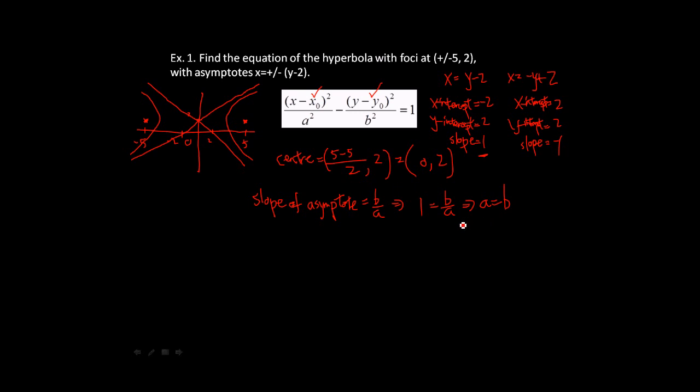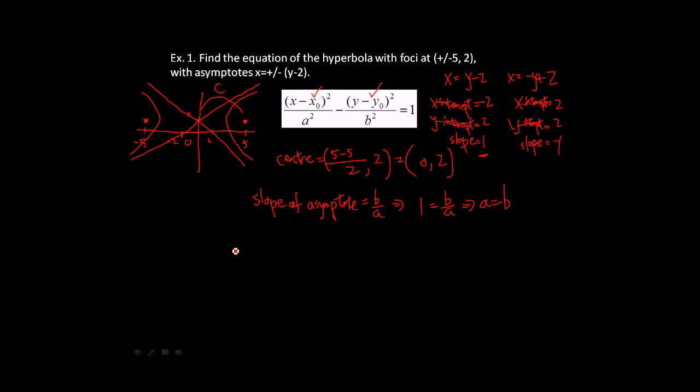Now, so what next? From here, we know that we can actually find c. Why? Remember that c is the distance between the center of the hyperbola to one of the foci point. This is c.